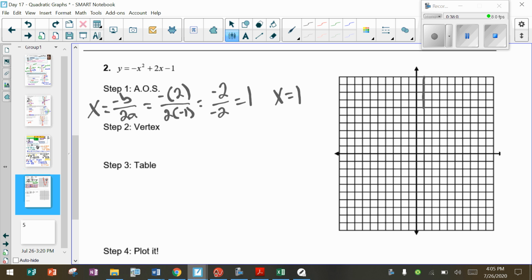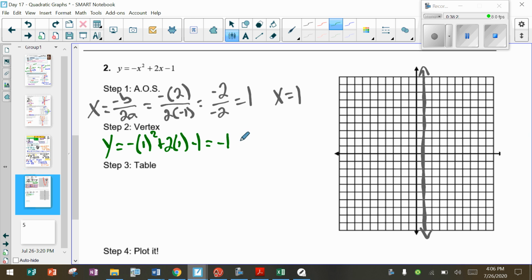So I know that on both sides of this vertical line, I'm going to have mirror image points. All right. The vertex. To find the vertex, I'm going to plug in the positive 1 for the x into the equation.